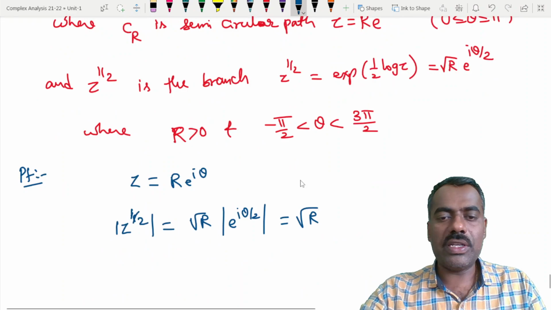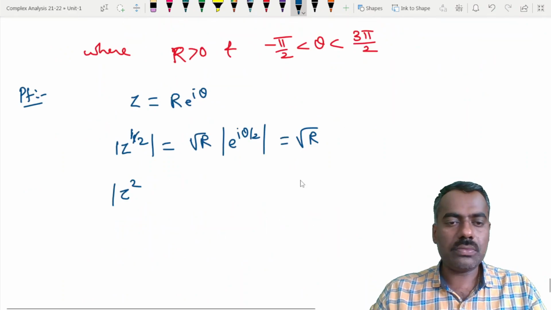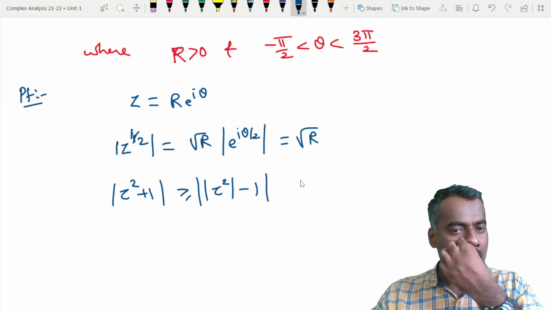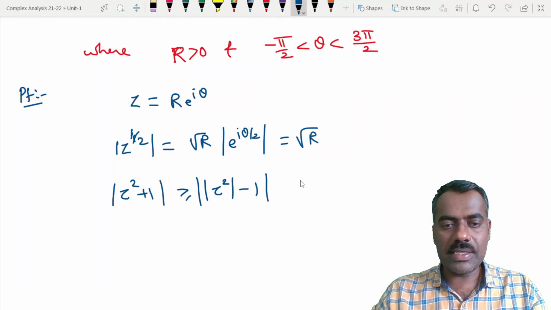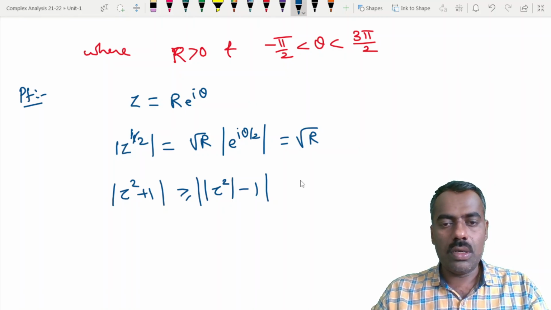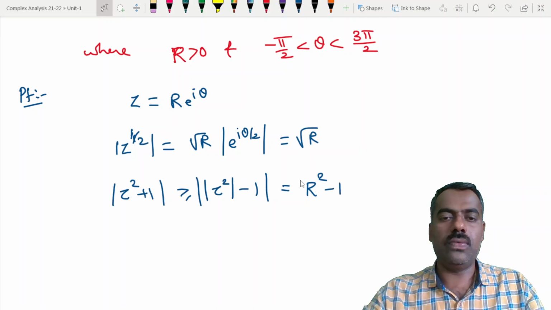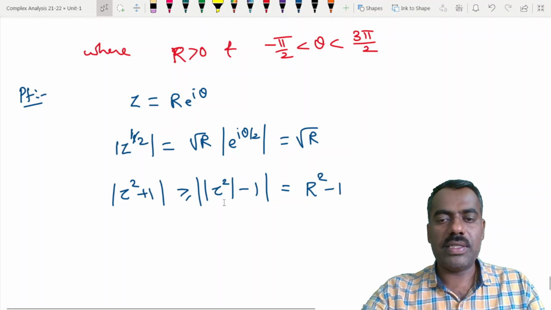Similarly, what can you say about mod z square plus 1? Mod z square plus 1 is greater than or equal to mod z square minus 1, which is R square minus 1 as an absolute value.